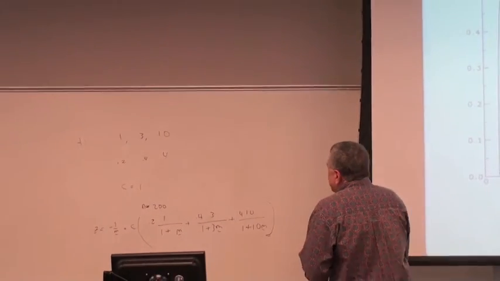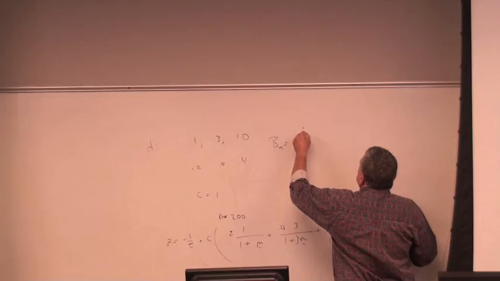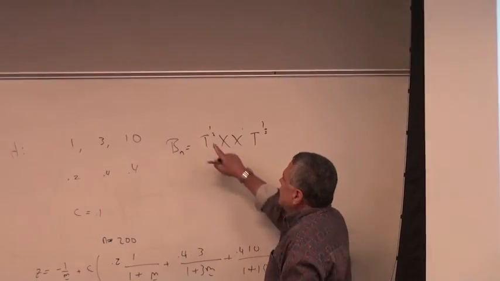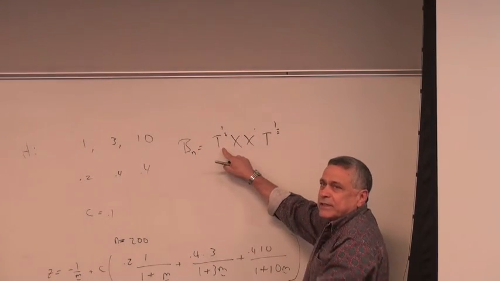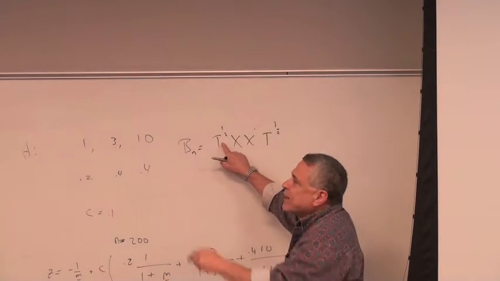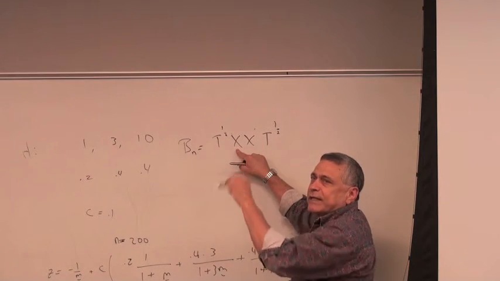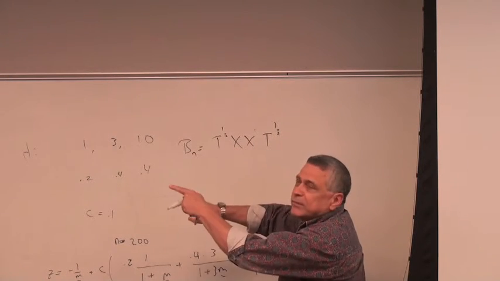It's the matrix Bn, T_n^(1/2) X X star T_n^(1/2). So this was a matrix I assumed to be diagonal: so many 1, so many 3, so many 10. Well, square root of 3, square root of 10. And this was a matrix full of independent identically distributed Gaussian entries. And this is one simulation.